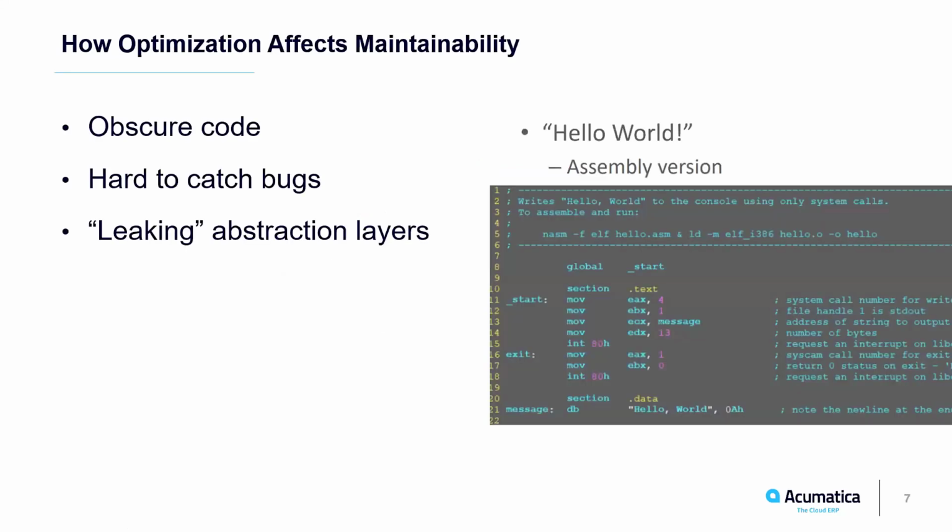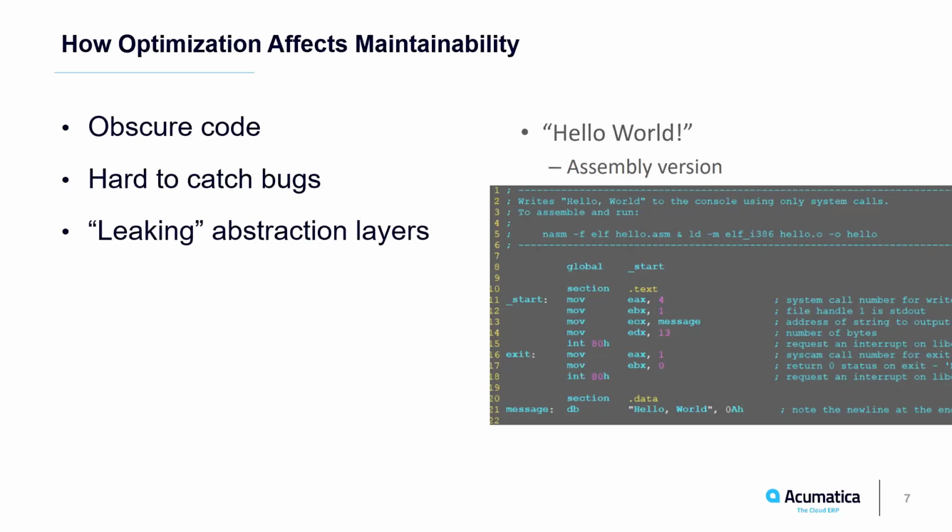I think many of you would agree that the most optimal way to have your software is to write it in assembler, right? That way you control all the memory allocated, you control almost all the CPU cycles. So like you have full control. But I think everyone would agree that that makes your code more obscure, right? So here I have a little picture of a hello world application written in assembler, right?